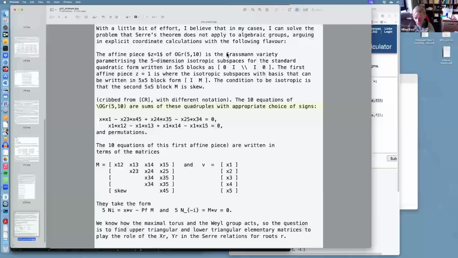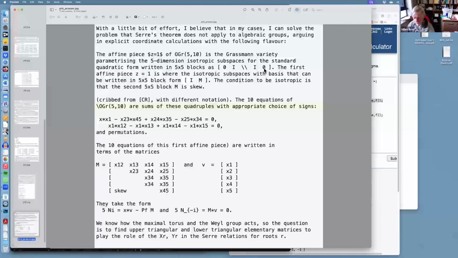Right, so here I've got the root SO10, which comes by writing down the standard quadratic form in 2n dimensions, block matrix 0, 1, 1, 0.